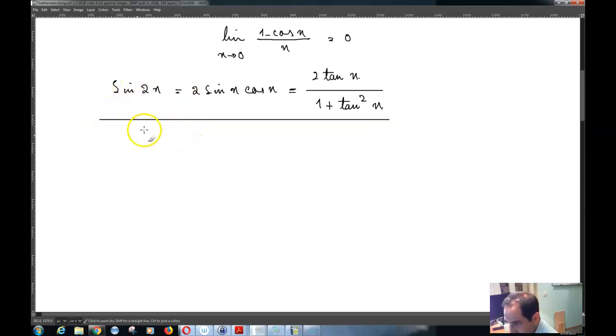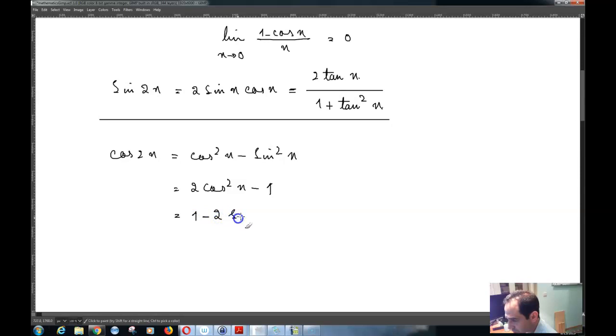Now cos 2x is equal to cos squared x minus sine squared x. It is also equal to 2 cos squared x minus 1. It is also equal to 1 minus 2 times sine squared x.